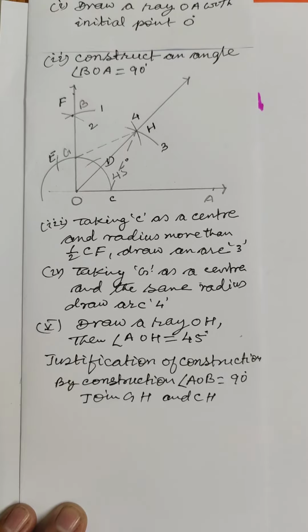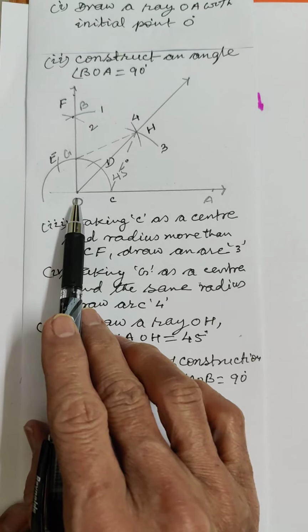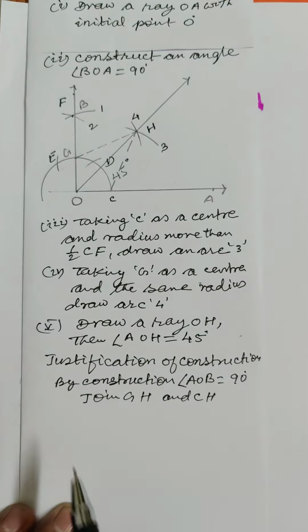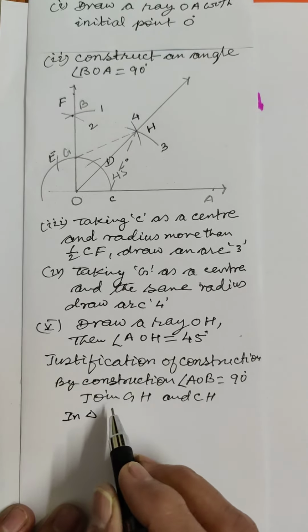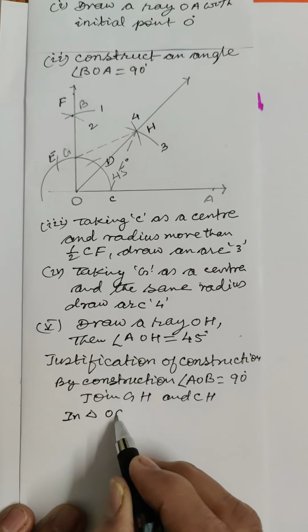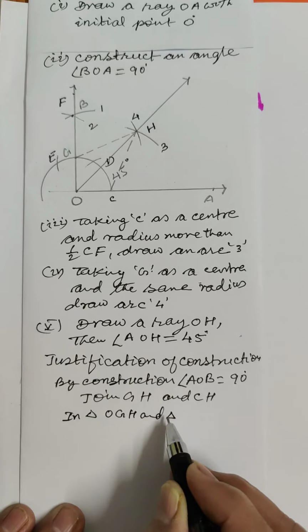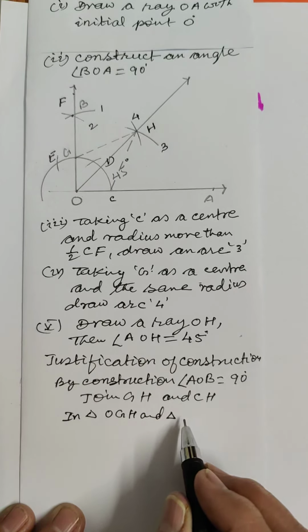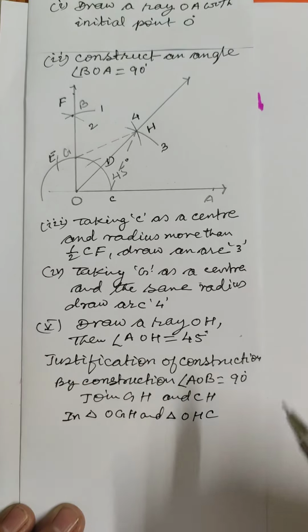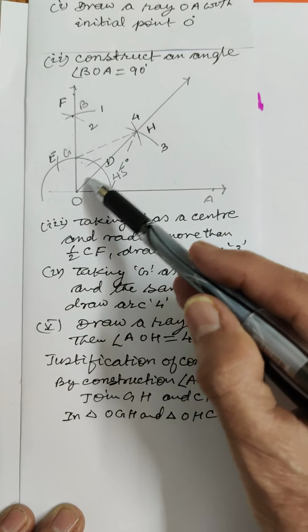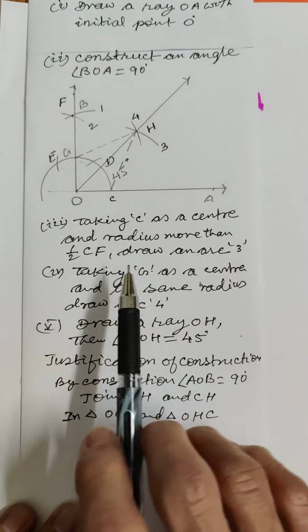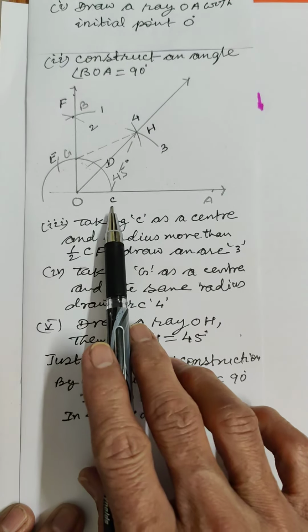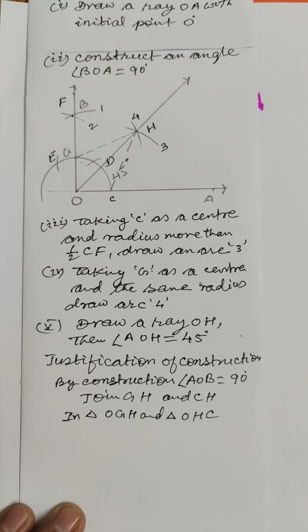In triangle OGH and triangle OHC, these two triangles: GH is equal to CH.